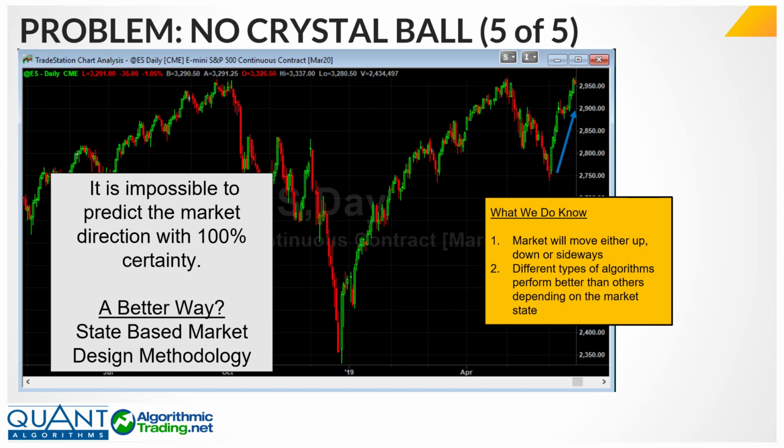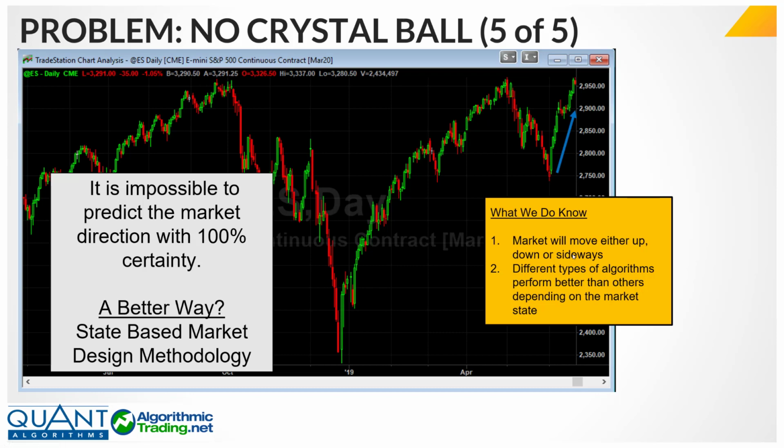And the other thing that I know, and this is probably the more important part, is that different types of algorithms perform better than others depending on the market state. So what do I mean by that? I'll get to that in the next slide, but just generally speaking, if the market is trending sideways, then a mean reversion algorithm probably will tend to do better.